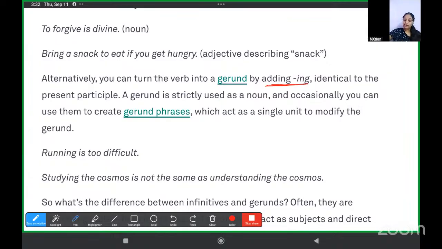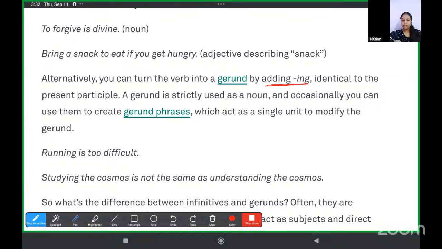A gerund is strictly used as a noun, and occasionally you can use them to create gerund phrases, which act as a single unit to modify the gerund. Sometimes you can use it as gerund phrases.